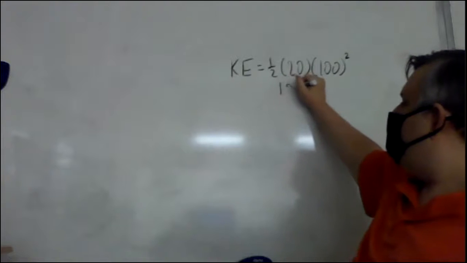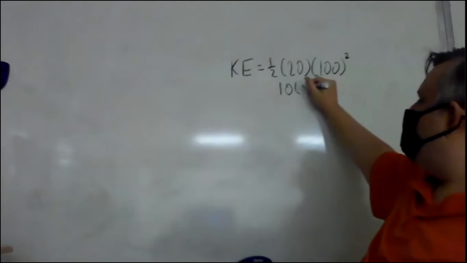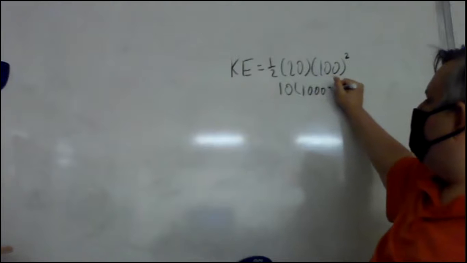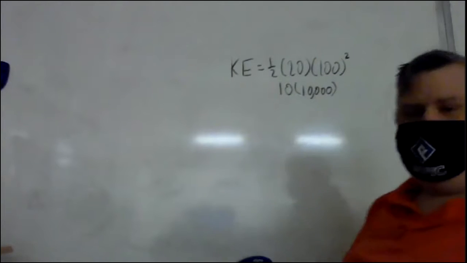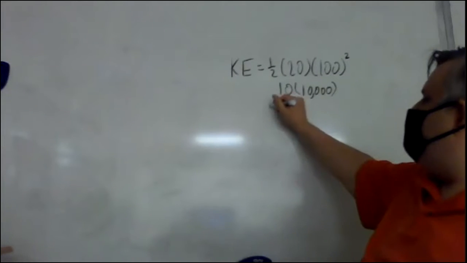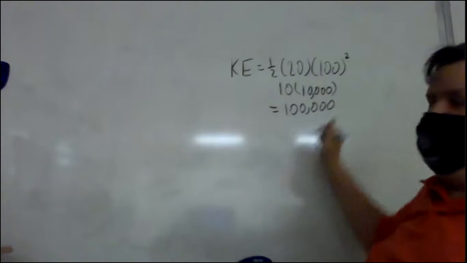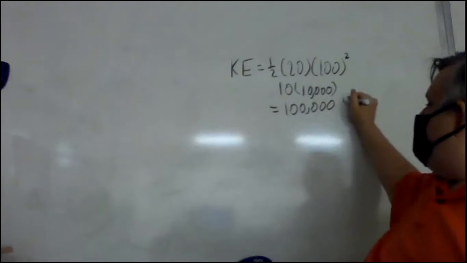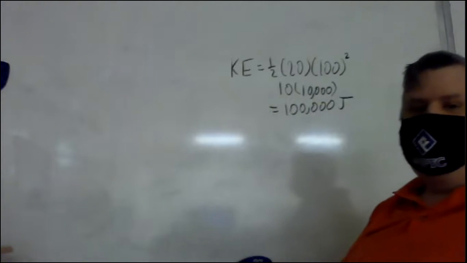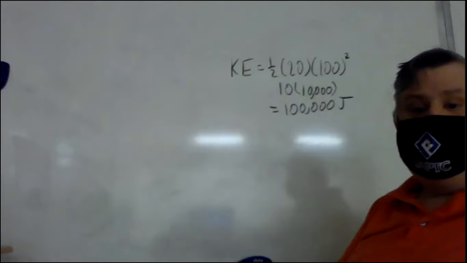Half of 20 is 10, and 100 squared is 10,000. So 10 times 10,000 is 100,000. And this is a type of energy, so the units for this is joules. So this comes out to be 100,000 joules.